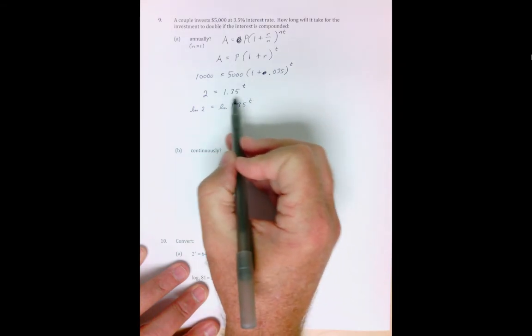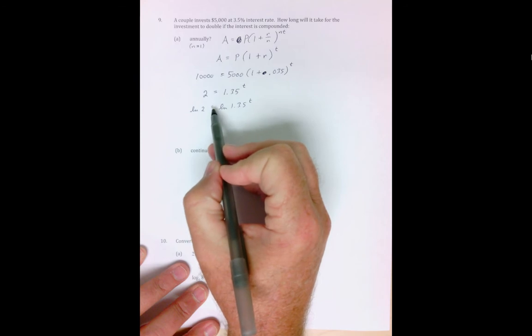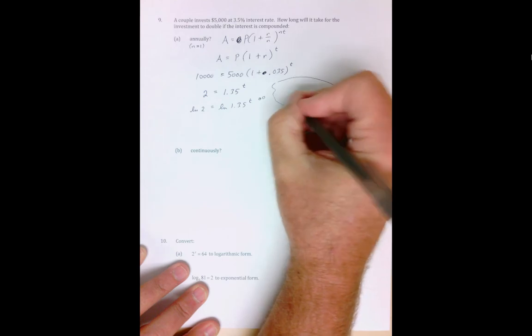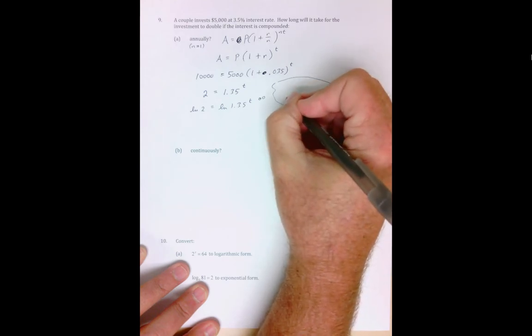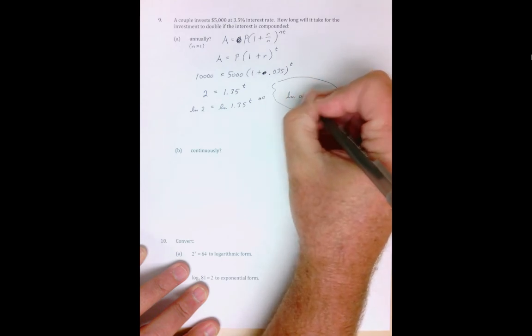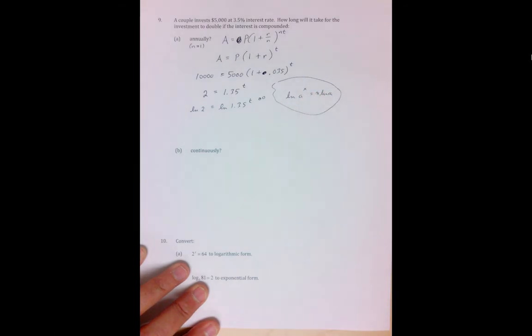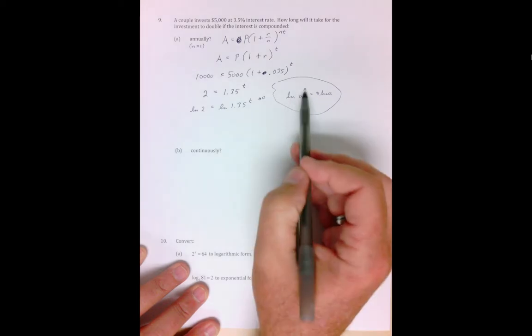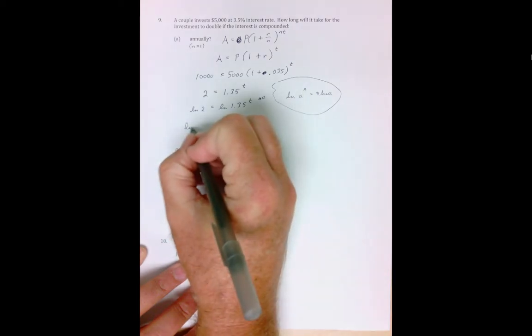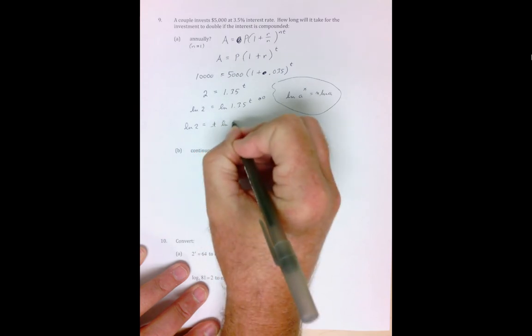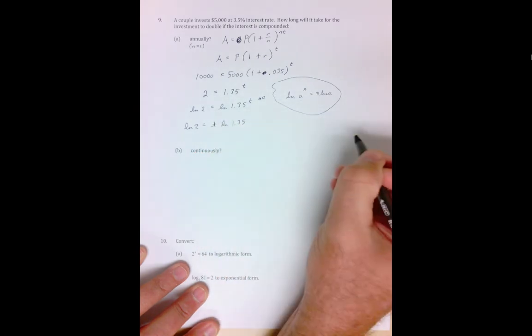Next thing I'm going to do is realize that when this exponent's up here, I can always bring it out and write it in front. So, guys, we have a property that says that the natural log of a to the x power can be written as x times natural log of a. So we have the natural log of 2 equals t times the natural log of 1.35.